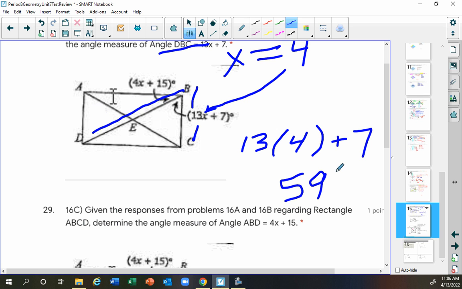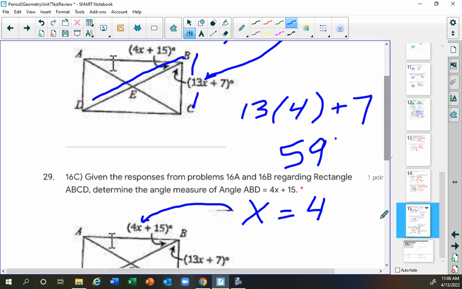Okay, similarly, again, use that x equals 4. Plug it in. 4 times 4 plus 15.